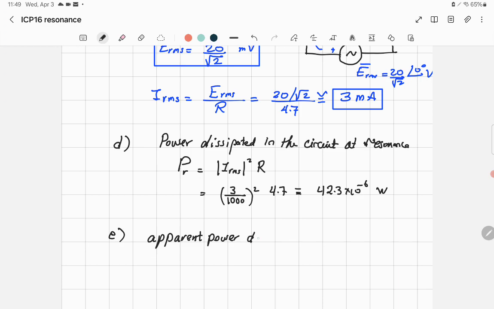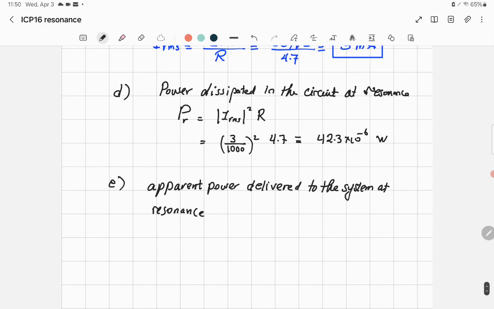We know that for the apparent power, if you remember the power triangle, you have here the power, the reactive power, and S. But at resonance, XL and XC cancel each other, and the circuit is resistive only. What does it mean? It means in this case Q is equal to 0.